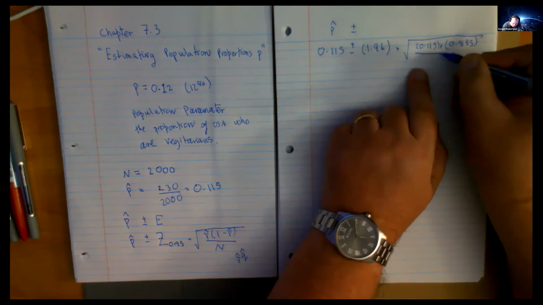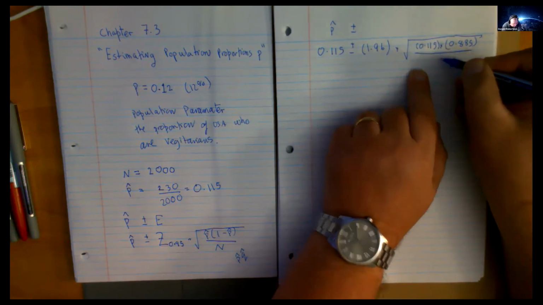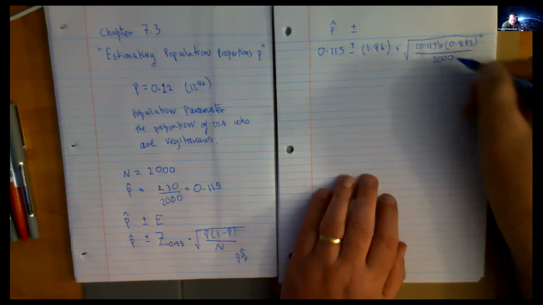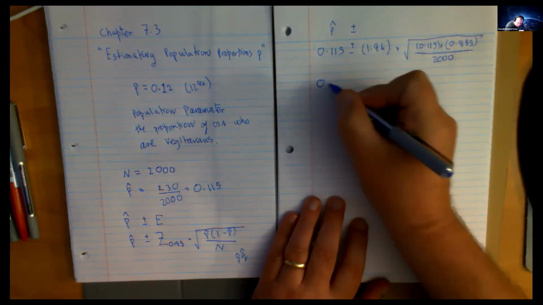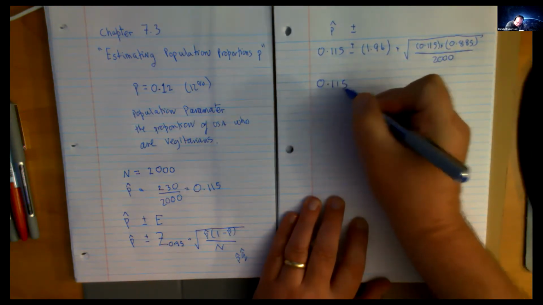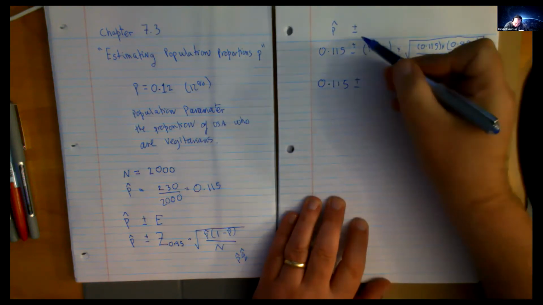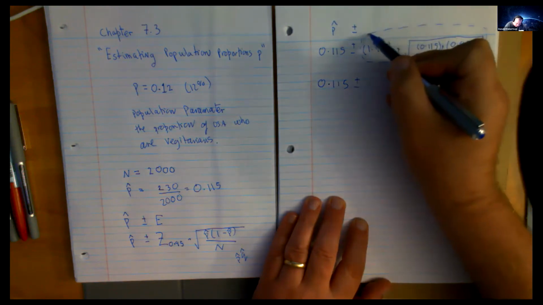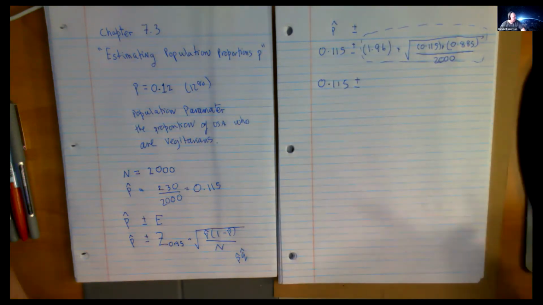And then you divide the whole thing by n, which in our case is 2000. So that's going to give me 0.115 plus or minus this whole package here, that's the guy we call the margin of error in this situation.